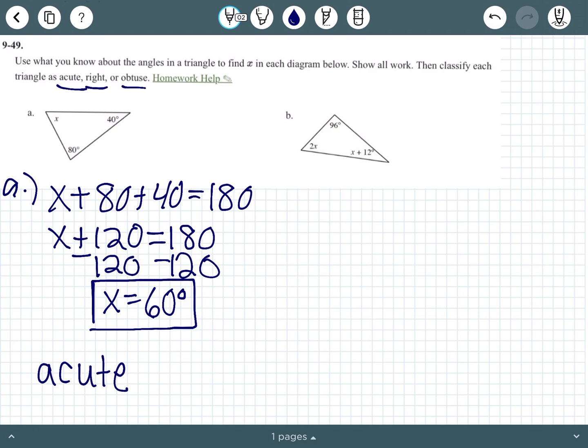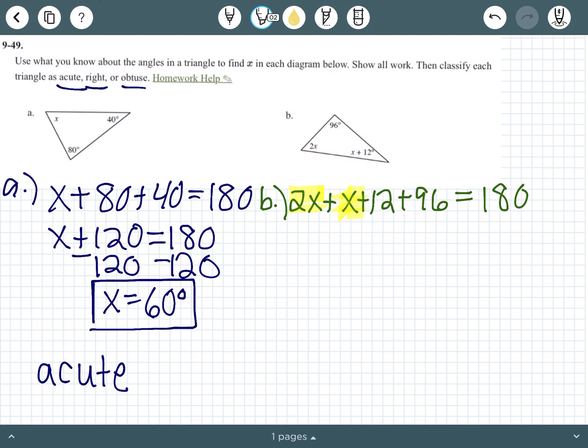All right, part B. I have an angle that's 2x, one that is x plus 12 degrees, and one that is 96 degrees. I know that still all three of these angles are going to add up to 180 degrees. Okay, on my left side, I see that I have a 2x and an x that I can combine.